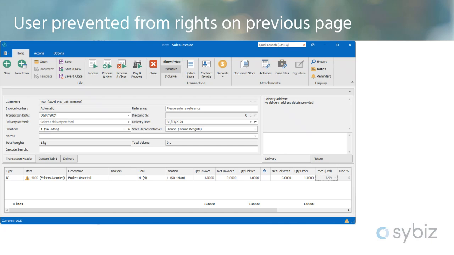So essentially I've revoked all of those user rights that we saw on the previous page, and so we have a situation now where we can't see the margin and markup, and when we get to the price field, it is grayed out, it's read only. You'll see also discount is grayed out as well, so there's no point saying, okay, this person can't change the prices if they can just whack a discount in.